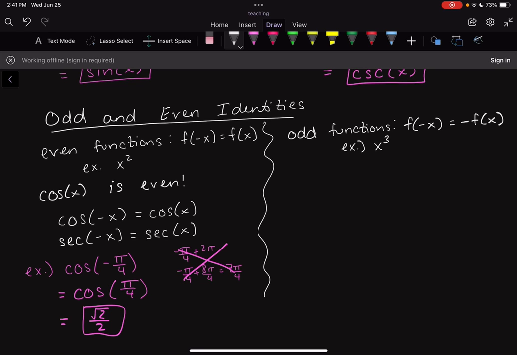If you plug in a negative 2, you would get negative 8. If you plug in a positive 2, you get positive 8. So you see how that negative stays with it if you plug in a negative? That's what an odd function does.